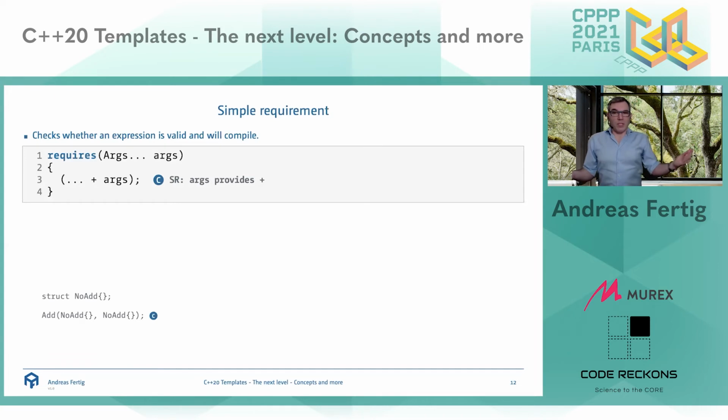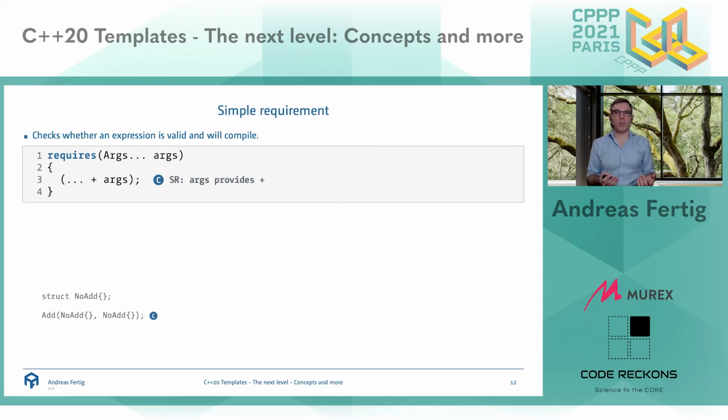So we start simple with a simple requirement. The purpose of a simple requirement is to check whether an expression is valid and will compile. So we start in line number 1, our requires expression. We use the parameter pack args here so that we have it handy. And in line number 3, I'm using the fold expression, the same I use to implement add itself.